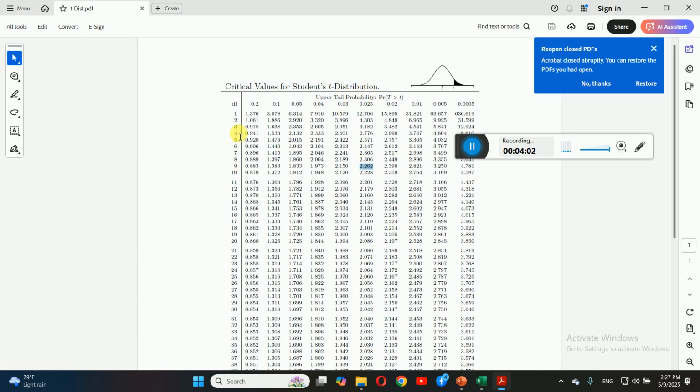In this table you find the degree of freedom, which in our situation is 9, and then find 0.025 alpha over 2. At the intersection of 9 degrees of freedom and alpha 0.025 the value is 2.262.